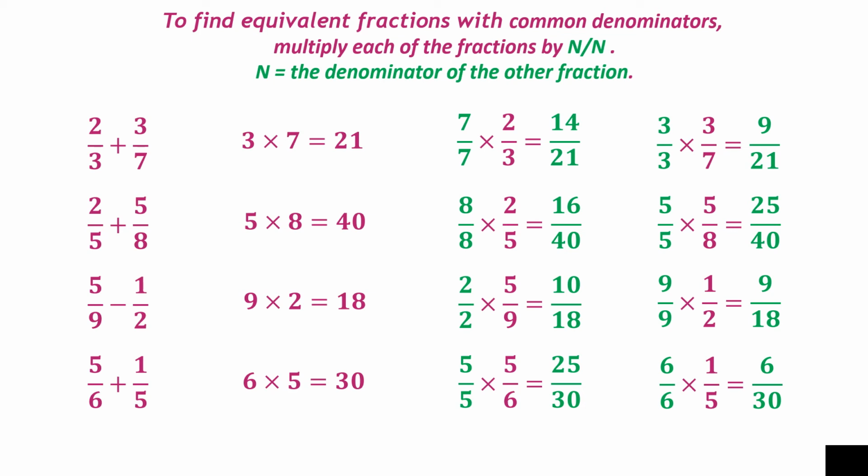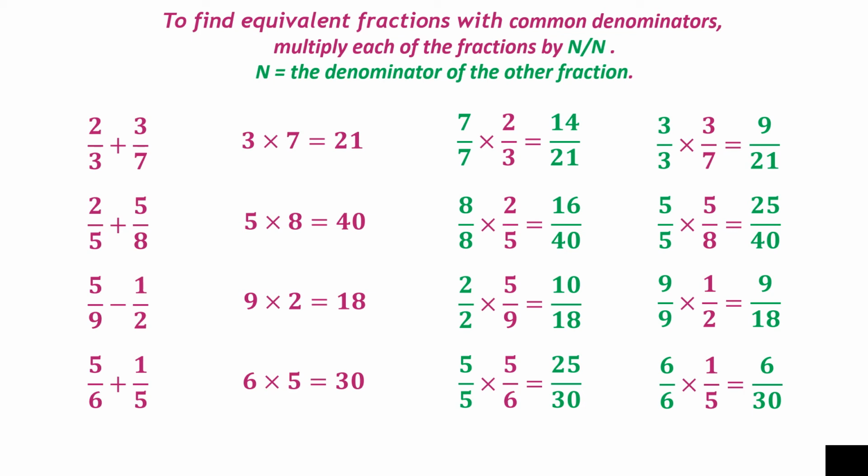So how do we convert 2/3 into an equivalent fraction with the denominator of 21? We simply multiply 2/3 by 1 in the form of 7/7. The equivalent fraction is 14/21.